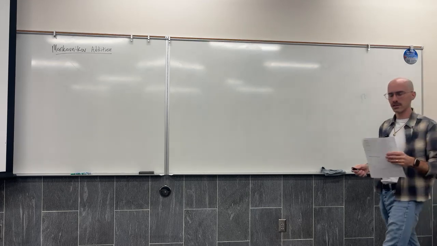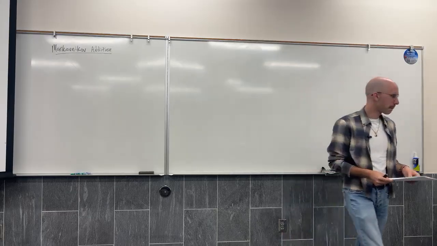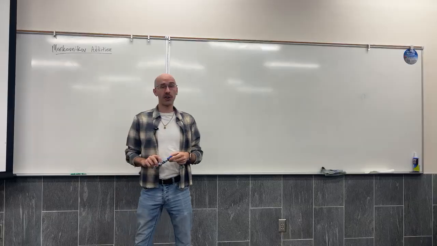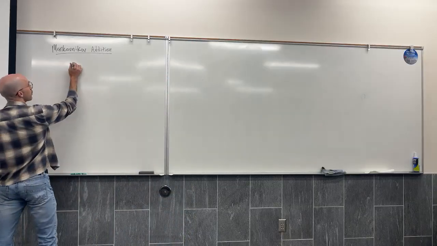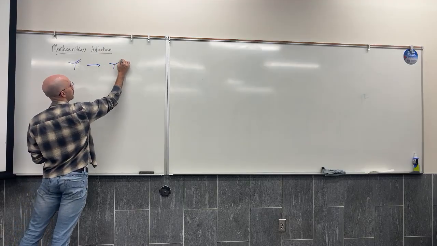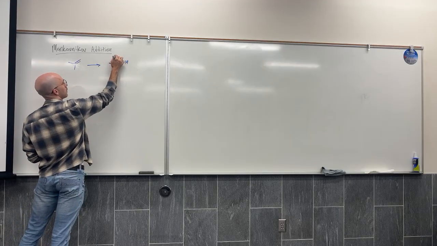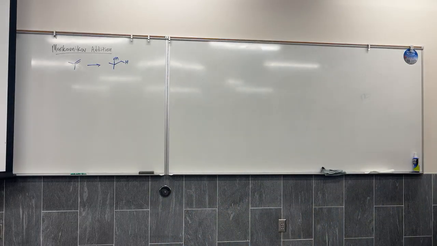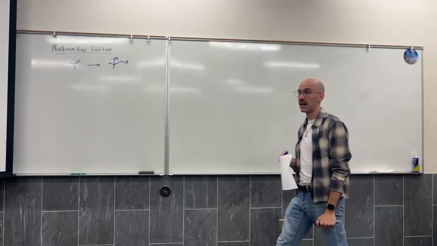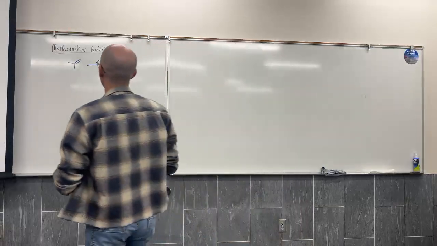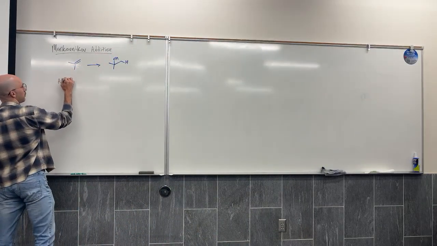What gives you that indication, Quinn? Well, because we can't see if anything is cis or trans to each other. In fact, there's no chiral carbons even. So what does Markovnikov's rule tell us about regiochemistry? What is the regiochemical trend that Markovnikov identified? You might not be able to figure it out until you look at the anti-Markovnikov addition example.